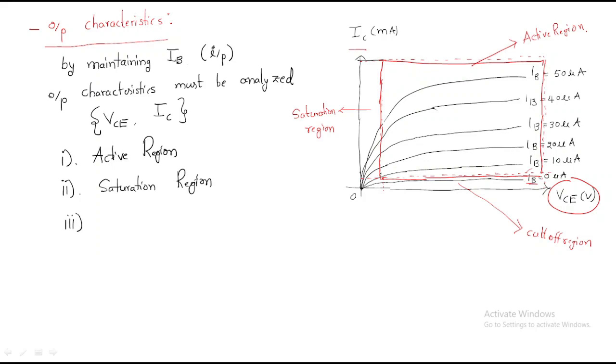The third region is the cutoff region. So we have three regions, and one by one we will analyze them to understand what happens.